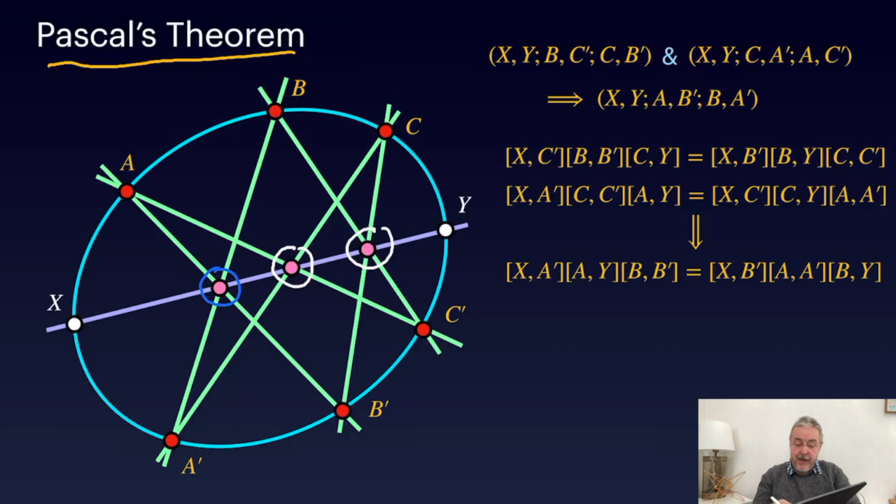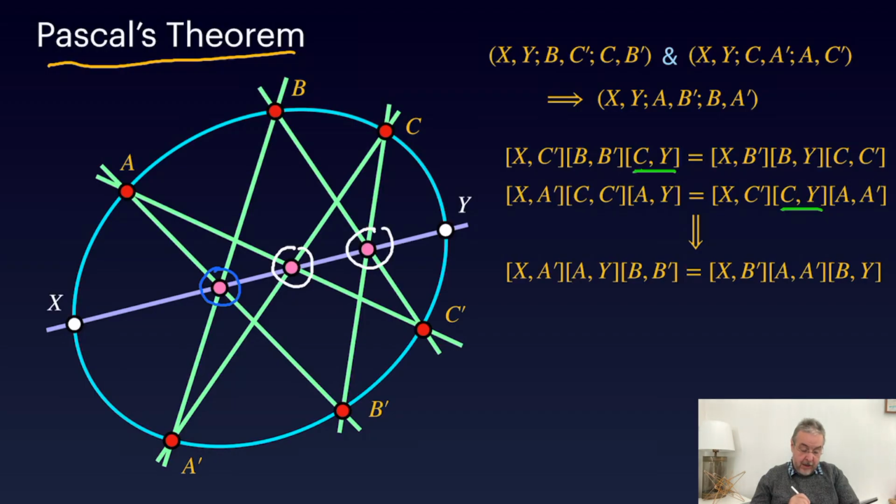And for that we simply can do the following thing. We multiply both left-hand sides and both right-hand sides and cancel out everything that occurs on both sides. So if you look here, you see, for instance, the term cy occurs here and can be cancelled out.